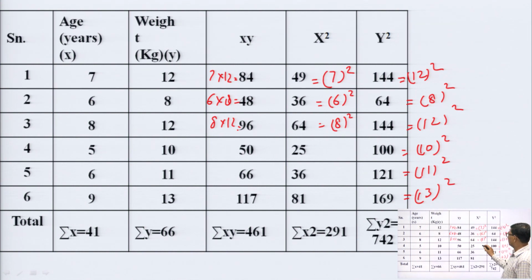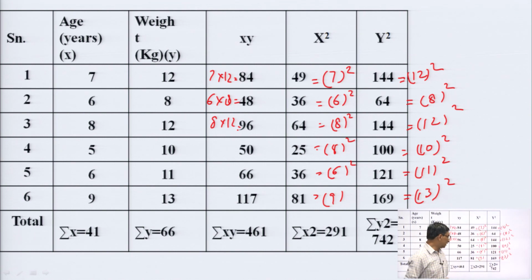Similarly 5 square, 6 square and 9 square. Now, we find the sum of all the values, that is summation x square, summation y square, summation xy, and now we put all these values in the formula.